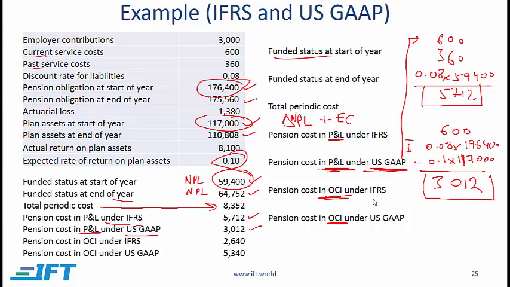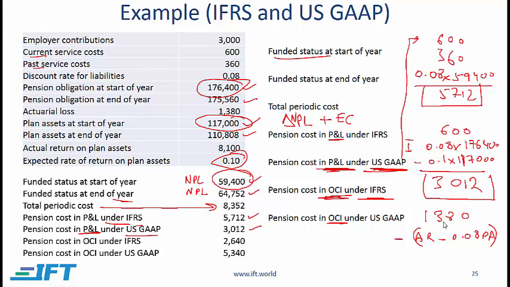Next, OCI under IFRS. So this has two components. One component is the actuarial loss. So the actuarial loss is 1380, and then from this we subtract the actual return minus 0.08 times the plan assets at the start of the year.